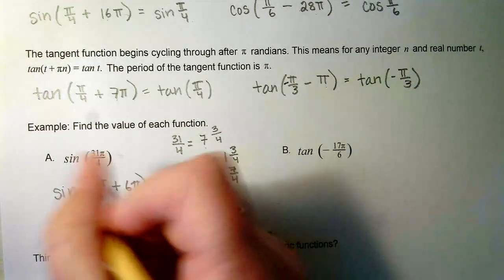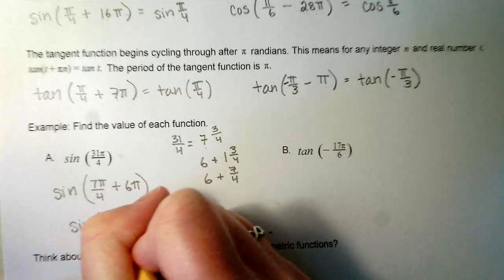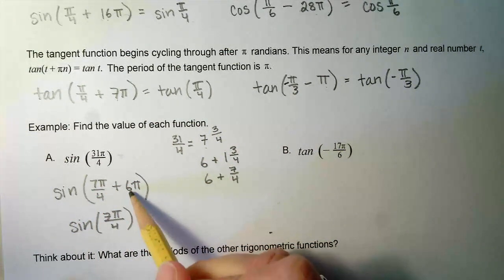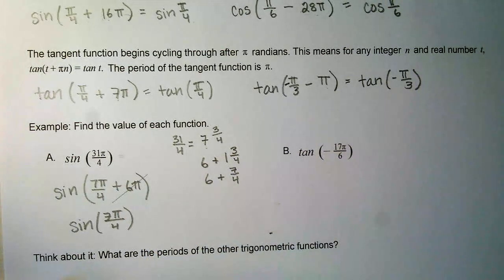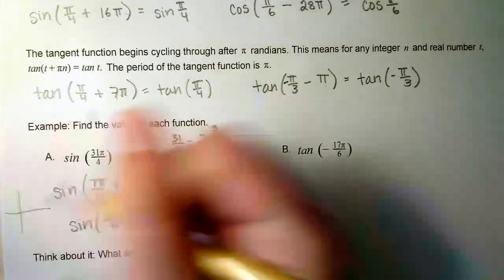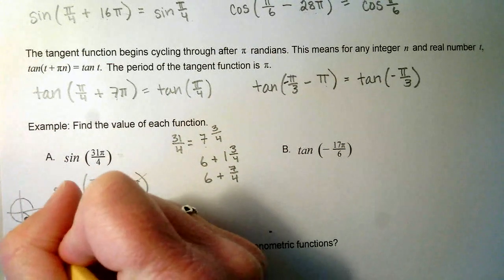So then this becomes the sine of 7 pi over 4. Because this is now an even multiple of pi, it's almost like we can think about getting rid of it. And if we think about our unit circle, 7 pi over 4 is going to be here.